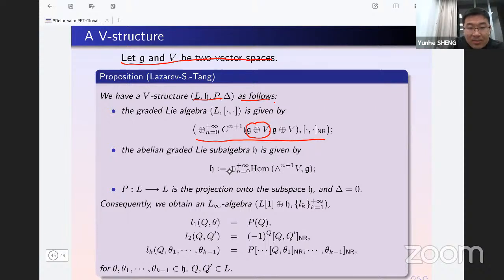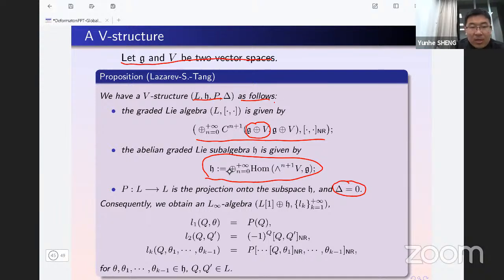And we consider the abelian graded Lie subalgebra H by this. Actually, we have used this curly H several times, so it is the same as before. And we define P from L to L, just the projection onto the subspace H. And we simply take delta to be 0. So this is a V structure. It is straightforward to verify this fact.